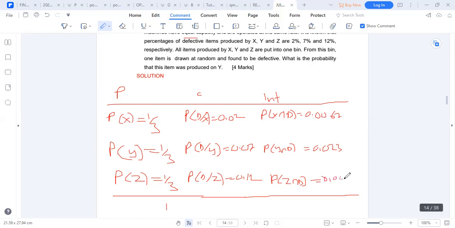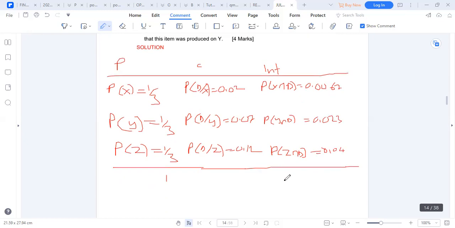What we're interested in here is the total, to get the probability of a defective. So plus 0.04, 0.0233, plus 0.0067. The total will be 0.0697. That is the probability of a defective.